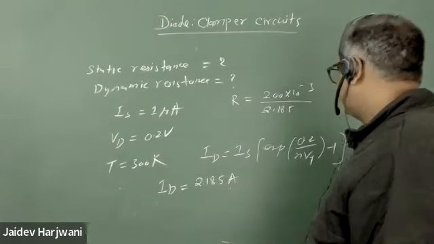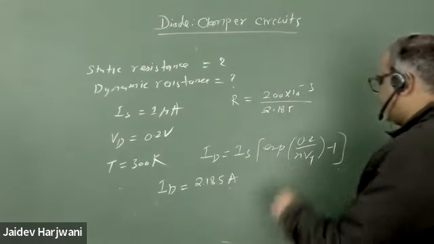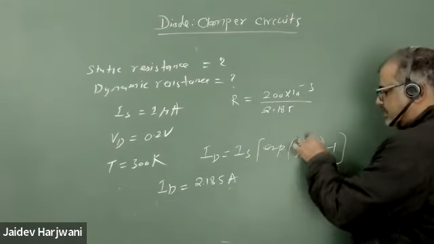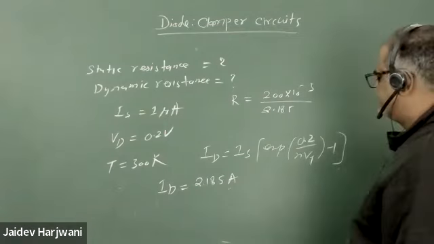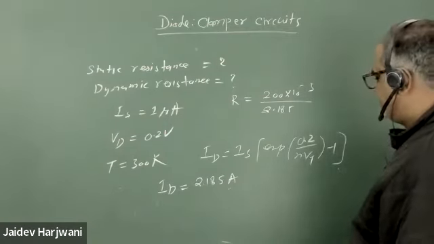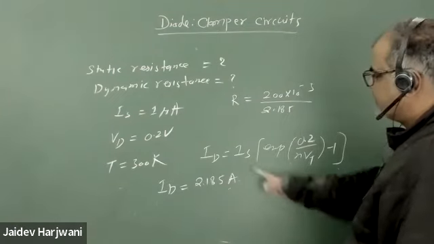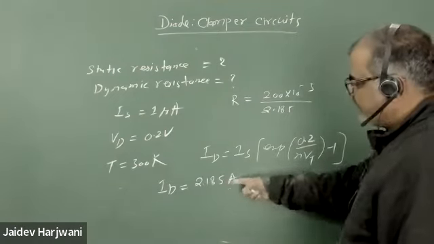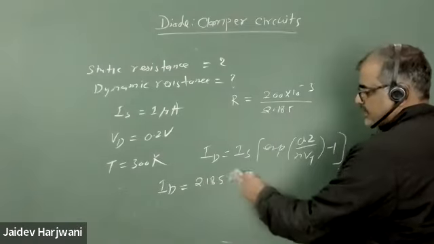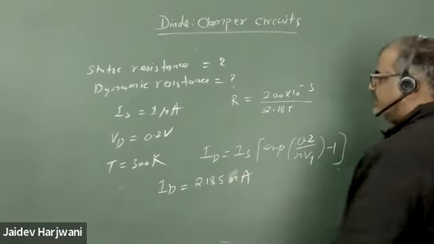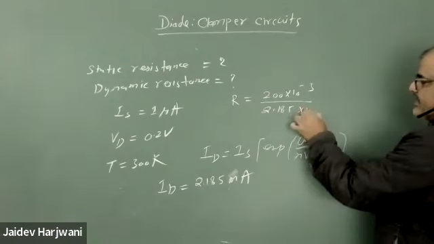This is 0.2 volt. So this should come in milliampere, no? IS is micro, so how can it come in ampere? Yes sir, milliampere. Okay, this is a milliampere.